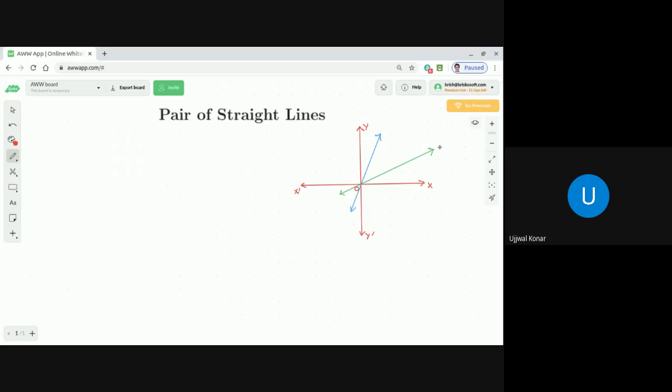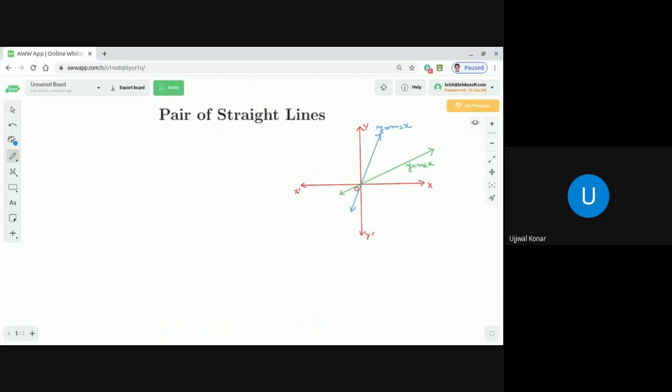So for the straight line in green color, the equation will be y equal to m1x. And the other straight line in blue color, its equation should be y equal to m2x, where m1 and m2 are the slopes of these two straight lines respectively.